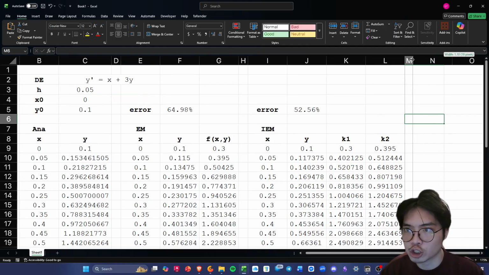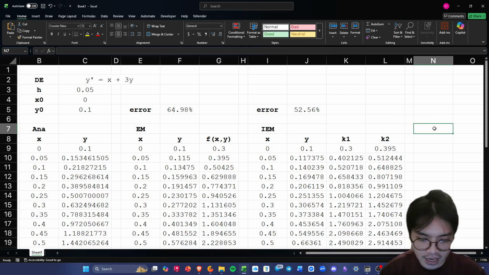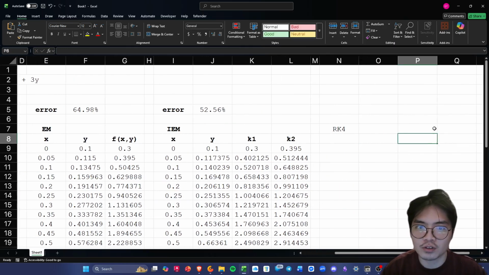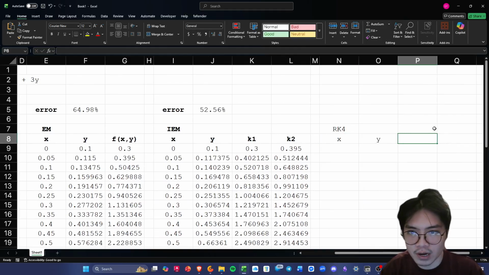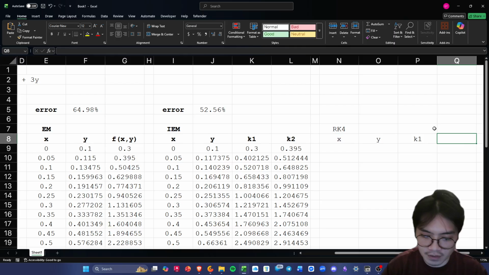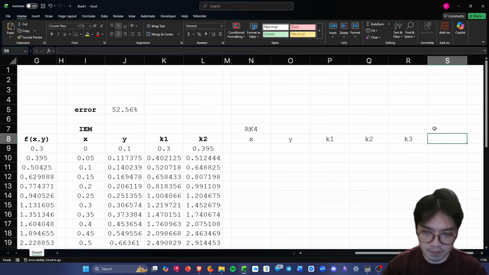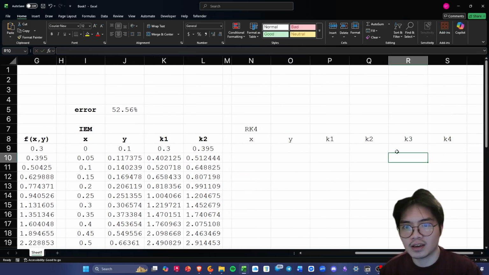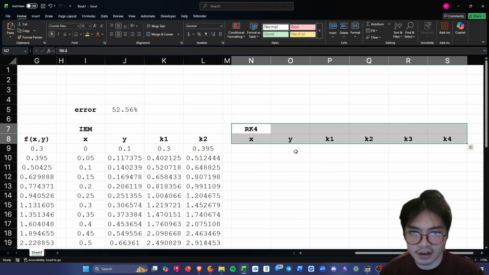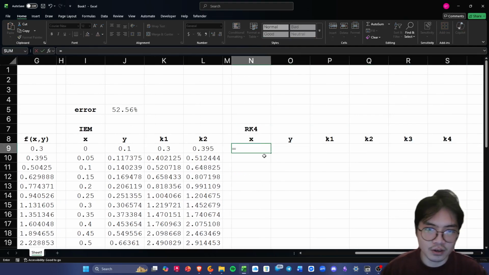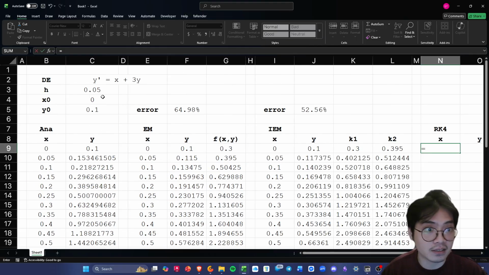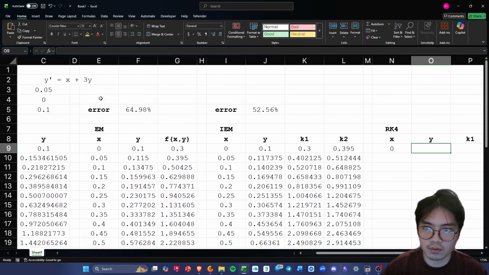So now let's showcase the famed RK4. The RK4 is going to be way more complicated. It will have K1, K2, K3, and K4. We should begin. Your X will be just the same as this thing, C4.